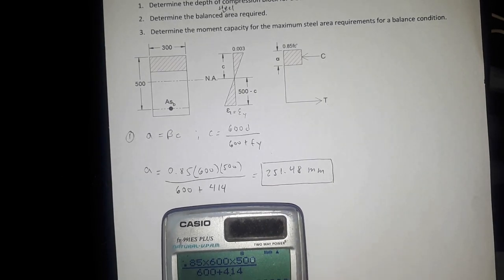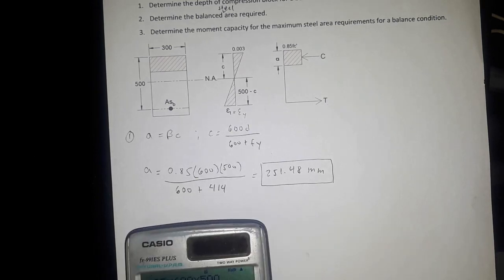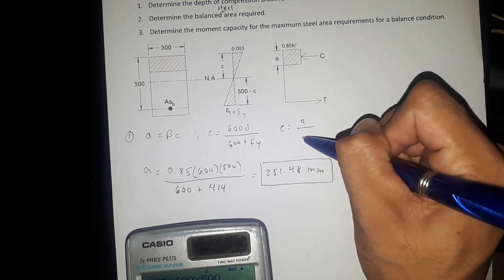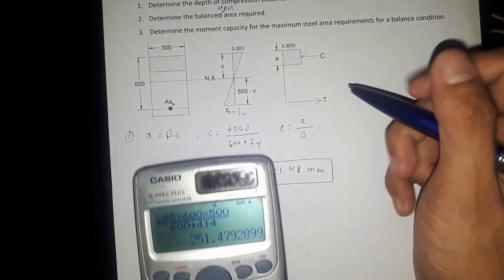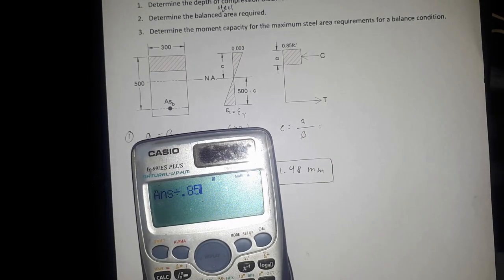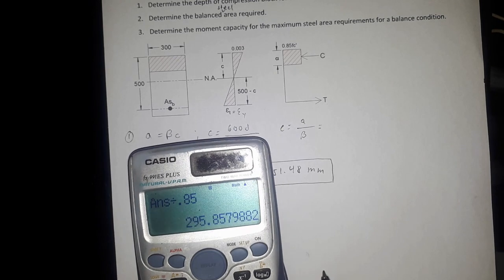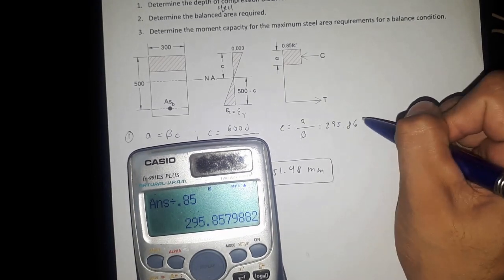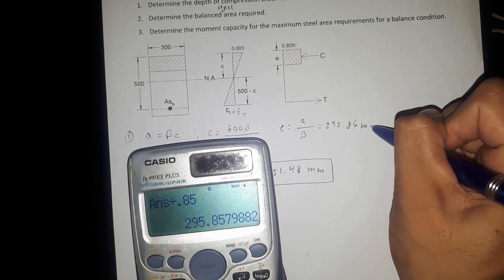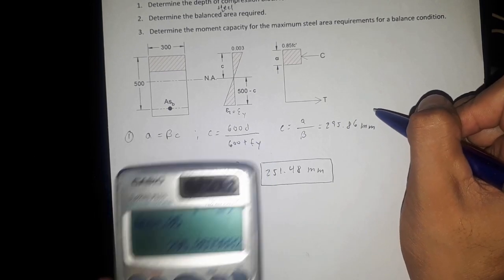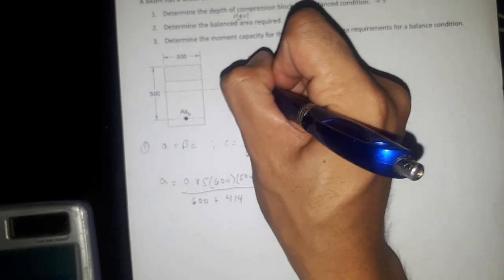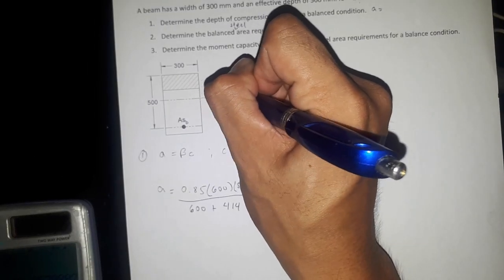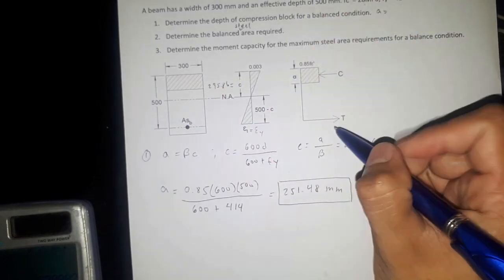While our C, we just divide this. C equals a over beta, so we divide this by 0.85. Our C is 295.86 mm. So this is C, 295.86.